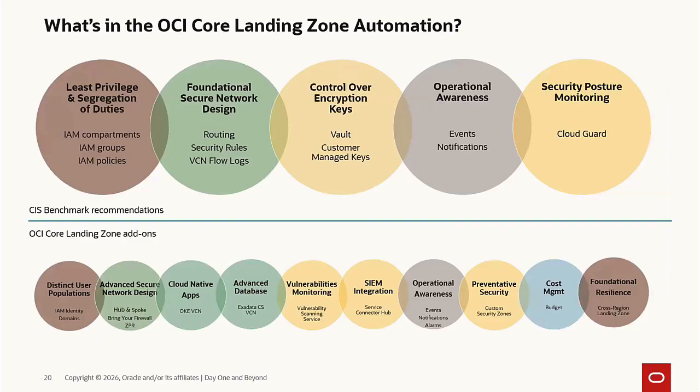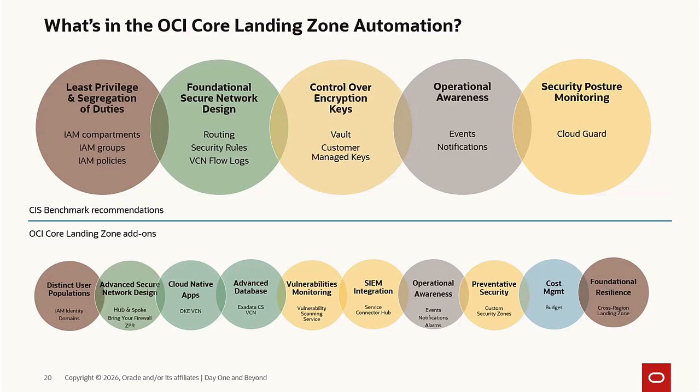But let's dig a little bit more into what's in the core landing zone, the Terraform automation. So basically we have the CIS benchmark recommendations, the big bubbles, and the landing zone add-ons, the little bubbles. For the benchmark recommendations, the core landing zone implements the following. First, least privilege and segregation of duties through compartments, groups, and policies. The foundation security network design with proper routing, security rules, and VCN flow logs.